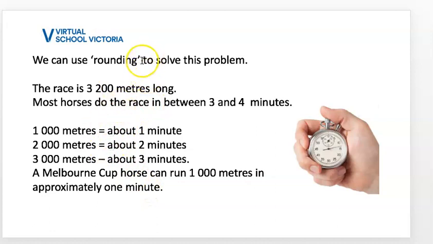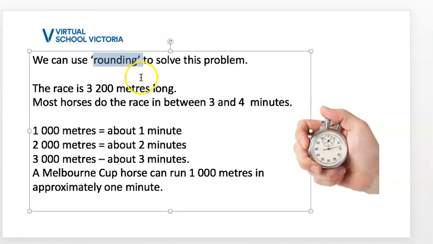And we use rounding, which is a good problem-solving strategy. 1,000 metres will take about 1 minute, 2,000 metres will be 2 minutes, and 3,000 metres about 3 minutes. So a Melbourne Cup horse can run 1,000 metres, which is a kilometre, in approximately 1 minute.